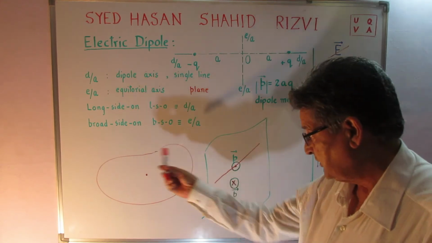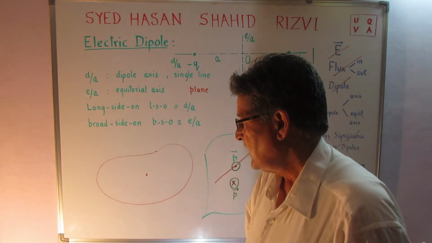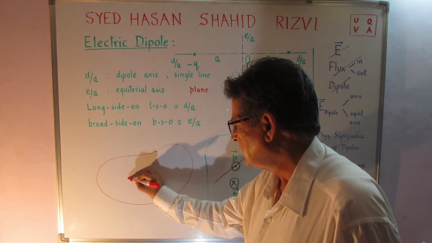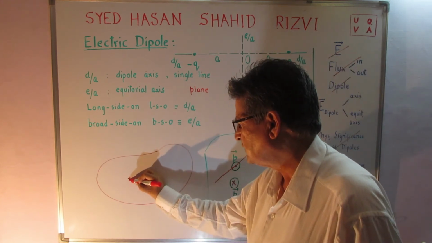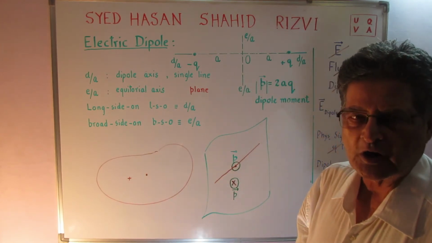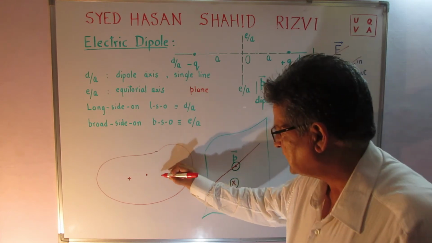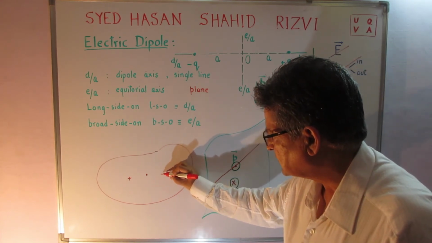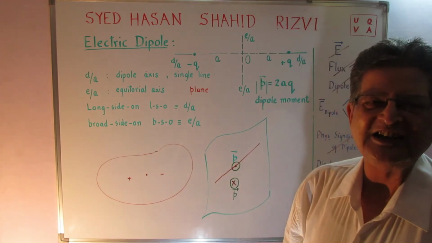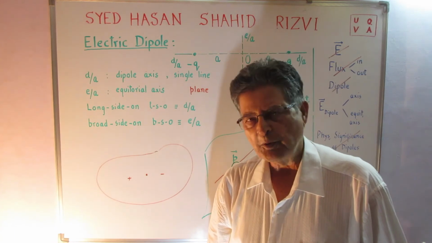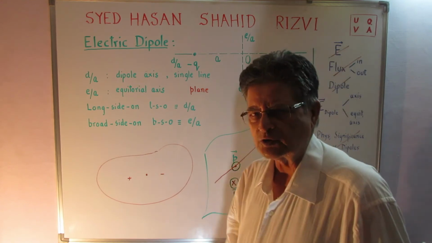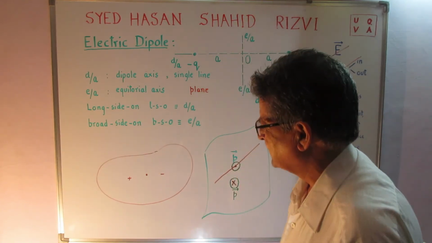If this system is kept in an electric field, the center of mass of the positive charges will shift towards the negative polarity, and the center of mass of the negative charges also shifts like this, so that there becomes a separation. So this is called an induced dipole. So dipoles can be natural, and there are even things known as quadrupoles, which I'll talk to you about when the occasion comes.